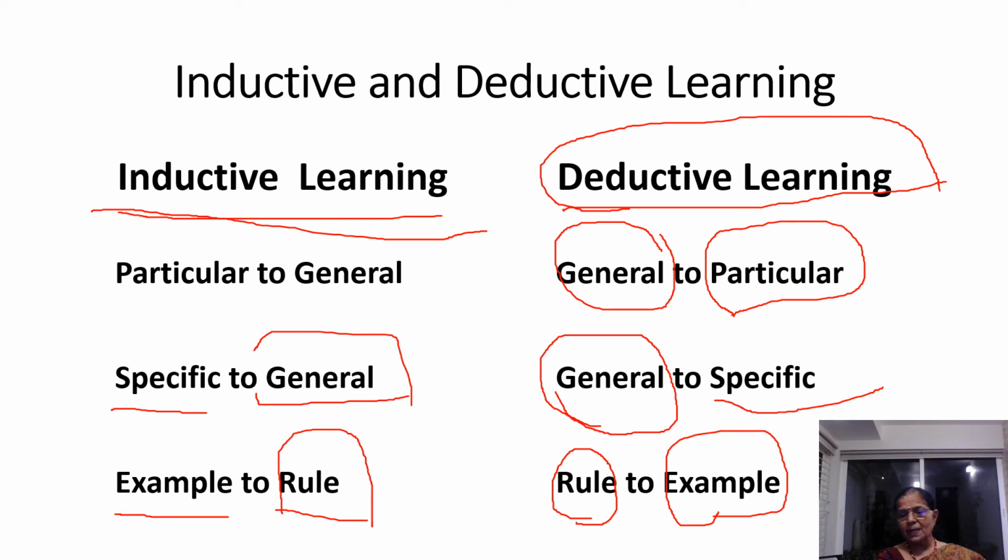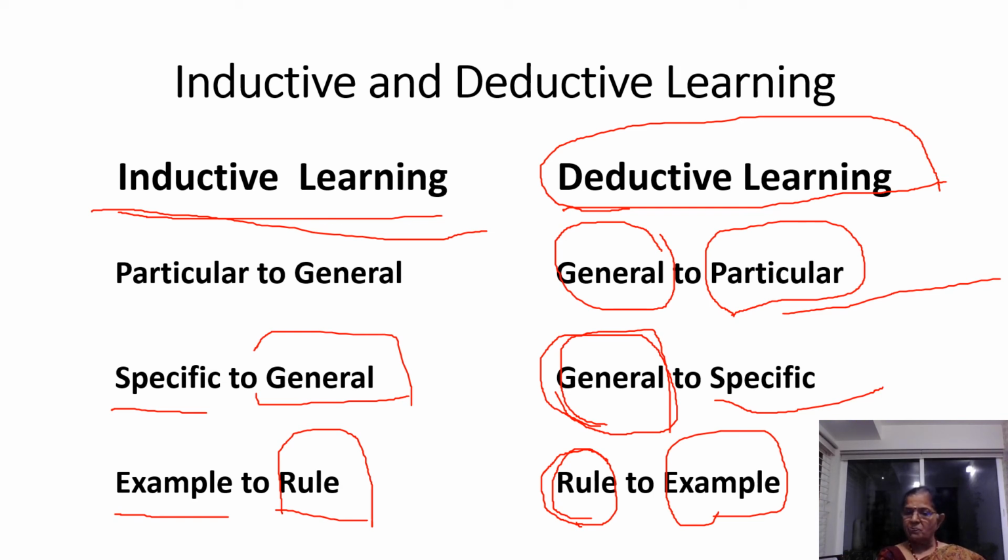They straight away go to the class and tell the rule. They write the generalization on the board: all the leaves are green in color. She writes the general statement on the board and tells the students to verify it.